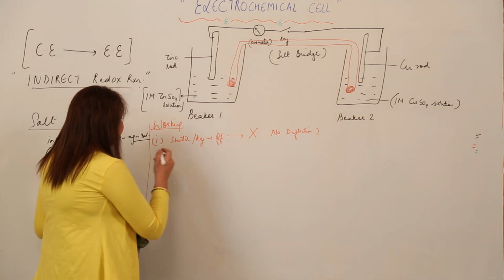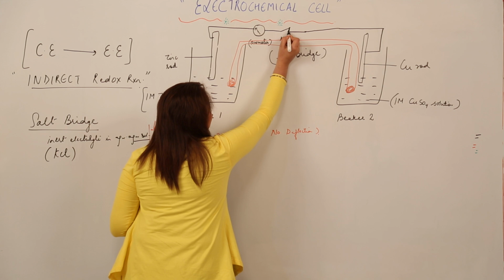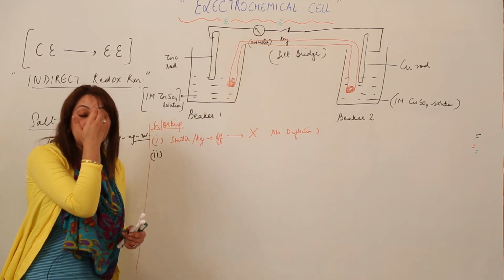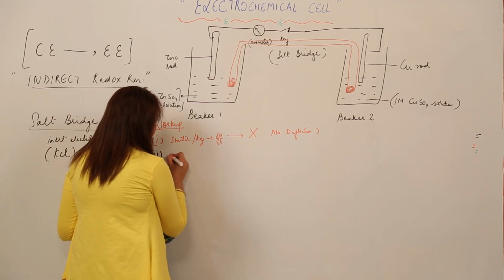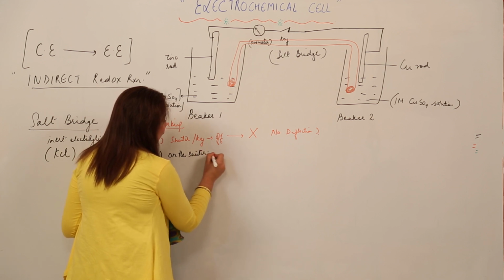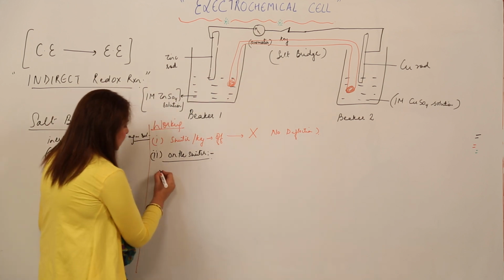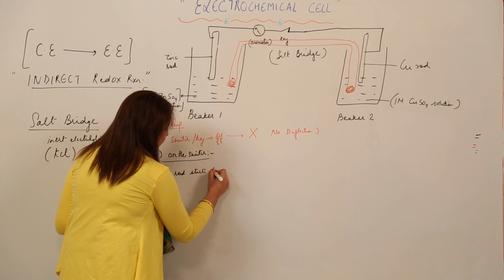Then we switch it on. Look, I've switched on this key. You can use the word key or the word switch. So what happened, we switched on, and we get to see that this zinc rod starts losing weight.